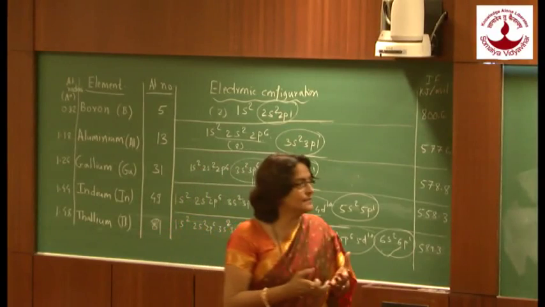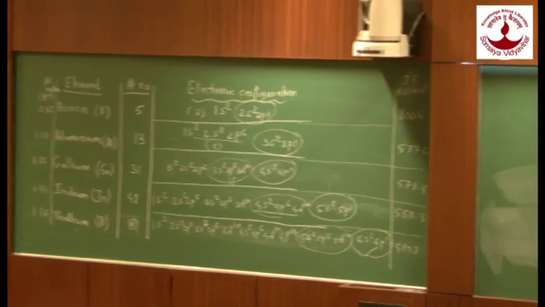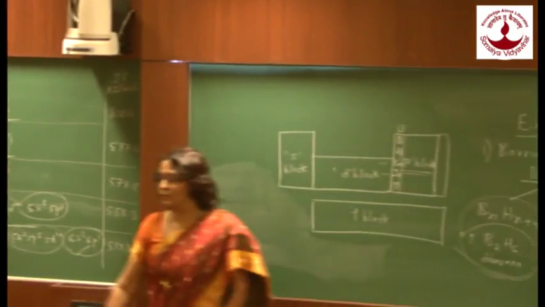But when we discuss electron deficient compounds, we are going to take the example of the simplest molecule, which is the diborane molecule.